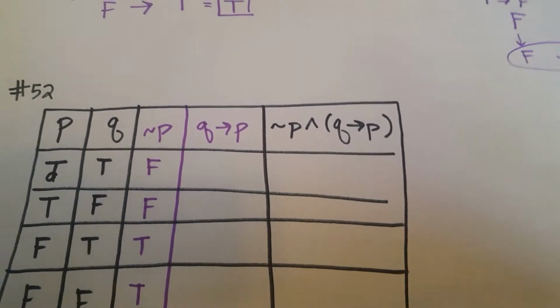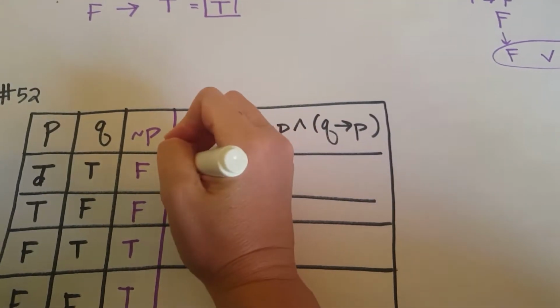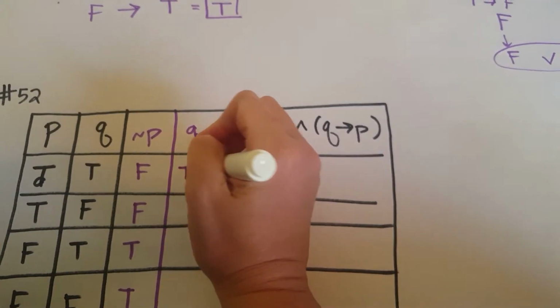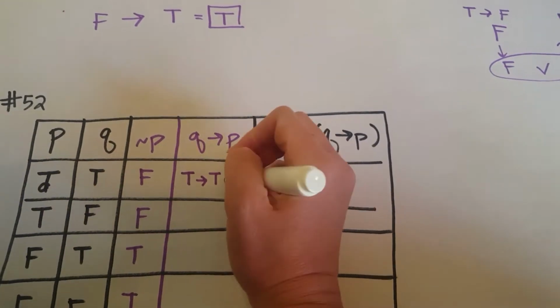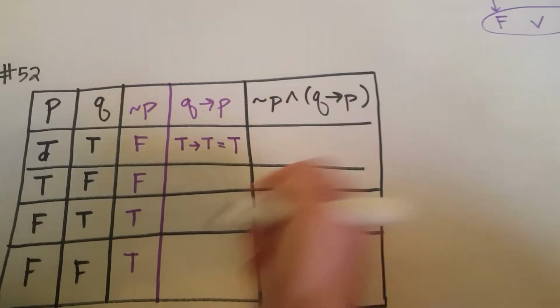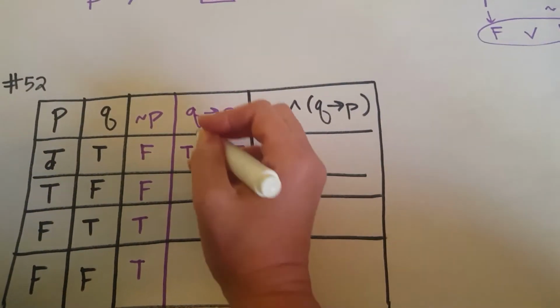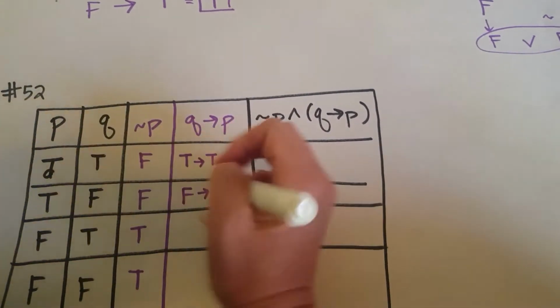Okay, we have the conditional. Order matters. So I'm going to write a little mini equation in here. So Q is true, P is true. True, then true. As we have up above, true, then true is true. Okay. Q is false, P is true.